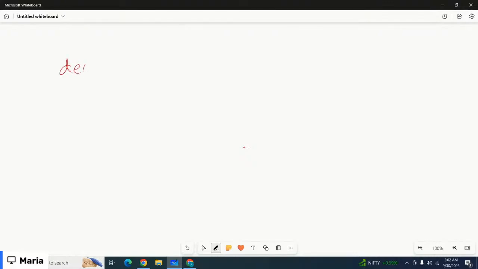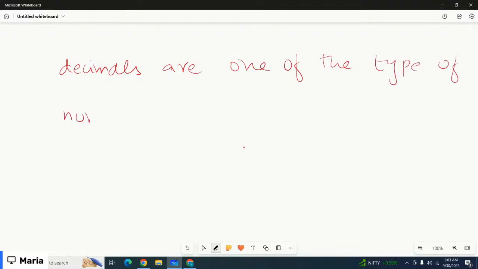So decimals are one of the types of numbers which has a whole number and a fractional part separated by the decimal point, right?